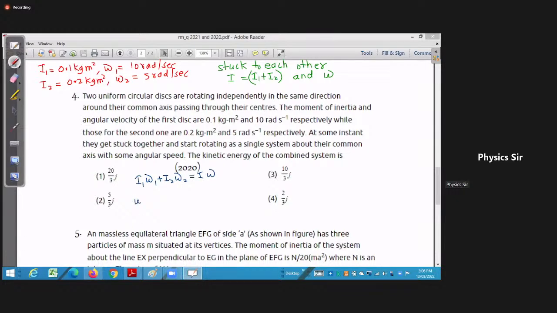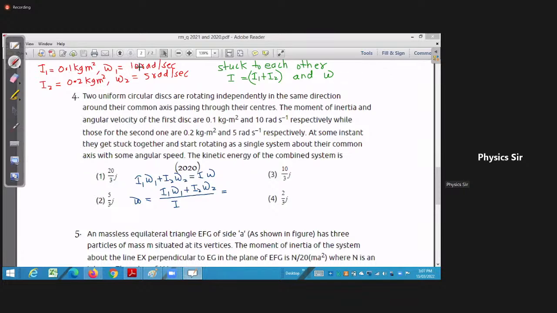Or this omega will be I1 omega 1 plus I2 omega 2 divided by I.